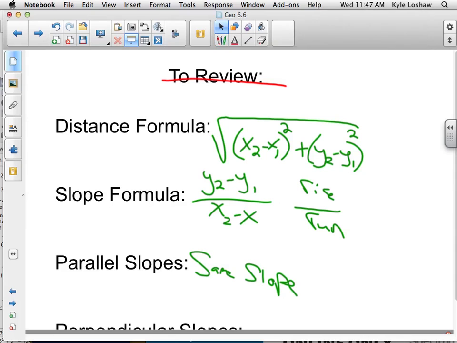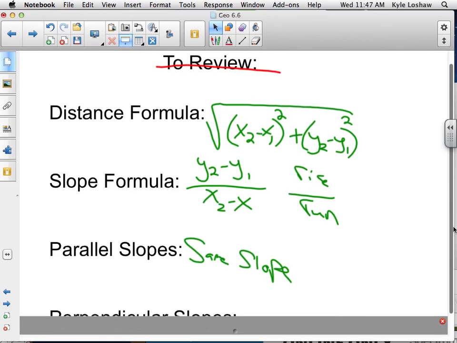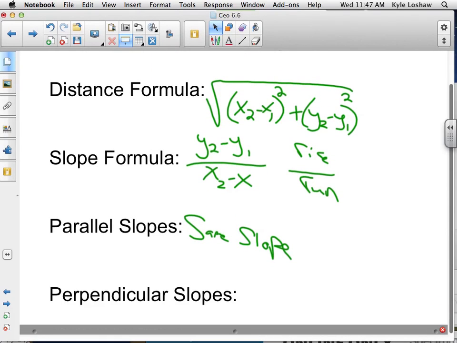And last, but absolutely positively not least, perpendicular slopes. Perpendicular means they're intersecting at, what is it? Okay, good, 90-degree angles.